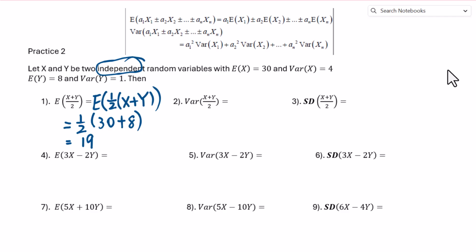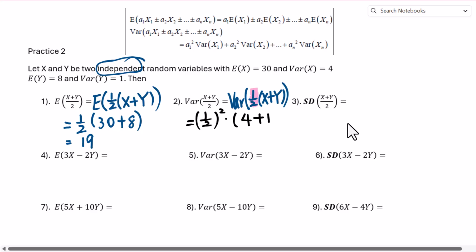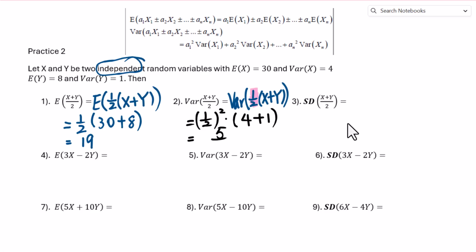Let's go to question 2. Variance of X plus Y over 2 equals variance of 1/2 times X plus Y. For this coefficient, we need to square it, equals 1 over 2 squared times variance of X plus variance of Y, which is 4 plus 1, equals 5 over 4.